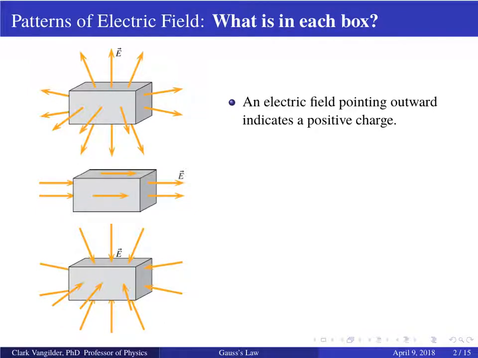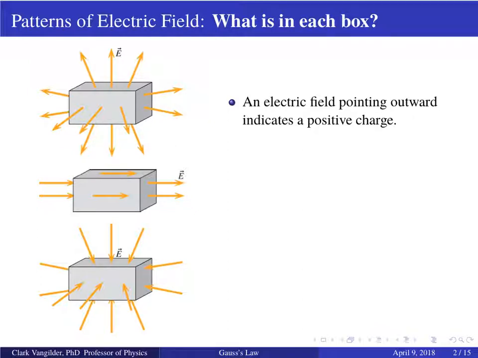So if you have electric field lines coming out, and they're only coming out of the surface, they're never going through the surface, the only way you could do that is if there's a positive charge inside of your box. There's no other way to pull that off.